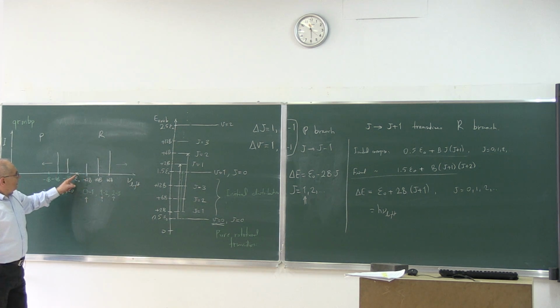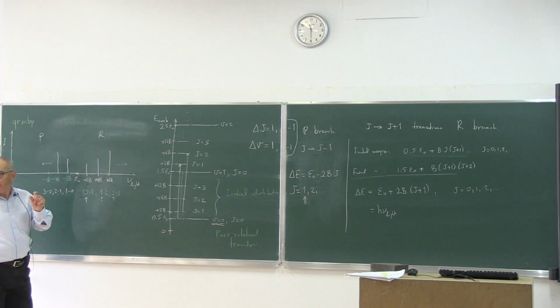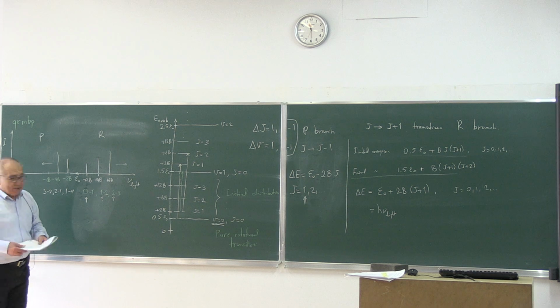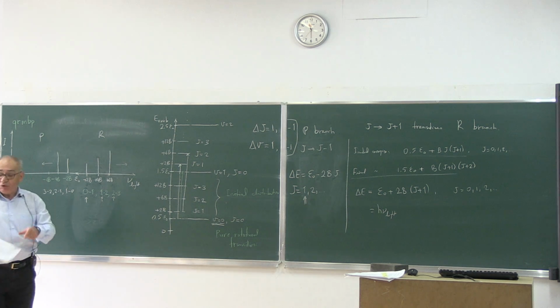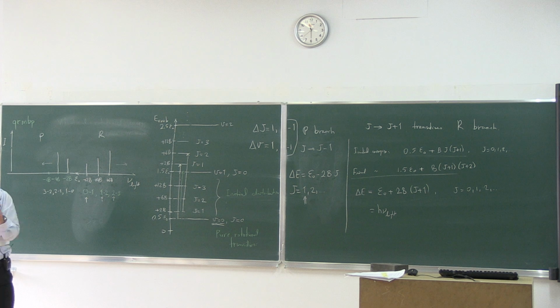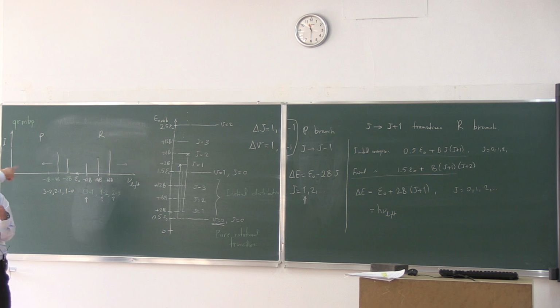Do we have any absorption at a photon frequency which is exactly the same as F0? No, that transition is not allowed. Once again, you must remember that in this picture, we are talking about transitions in which the vibrational state has changed. Initial vibrational state is the ground vibrational level, V equals 0. The final vibrational level is V equals 1 in all of these transitions.